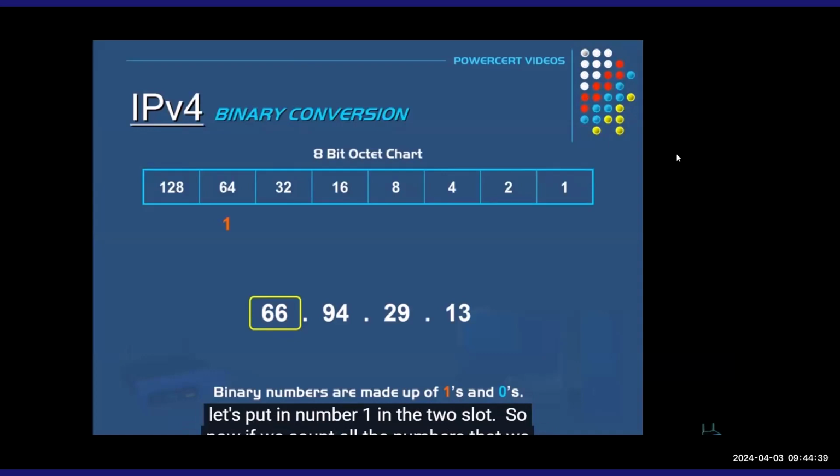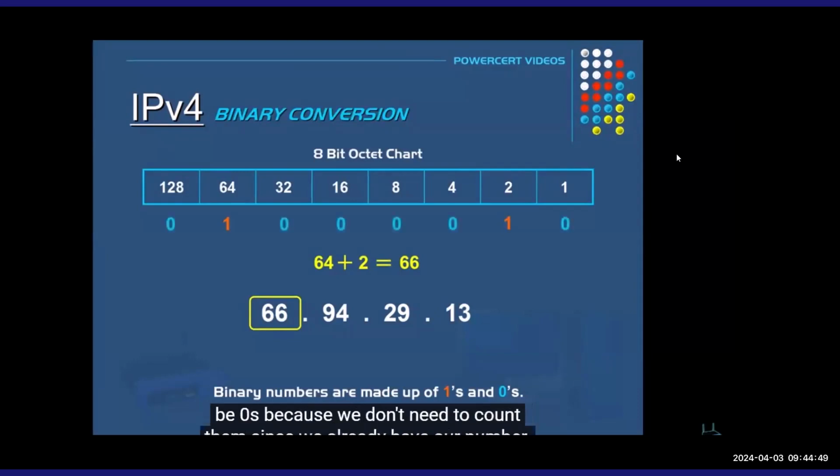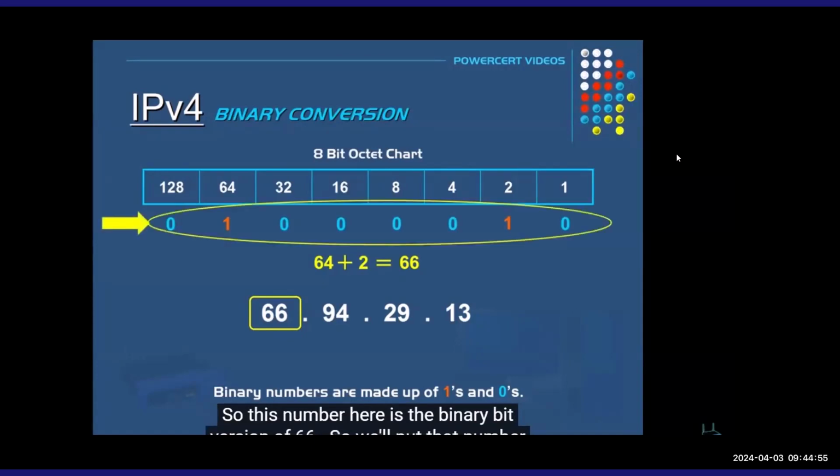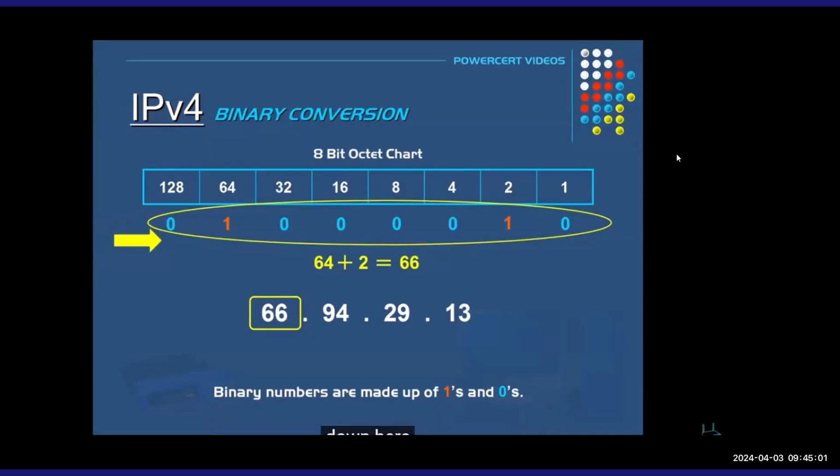So let's put a number 1 in the 2 slot. So now if we count all the numbers that we have 1s underneath them, you would get a total of 66. All of the other bits would be zeros, because we don't need to count them since we already have our number. So this number here is the binary bit version of 66. So we'll put that number down here.